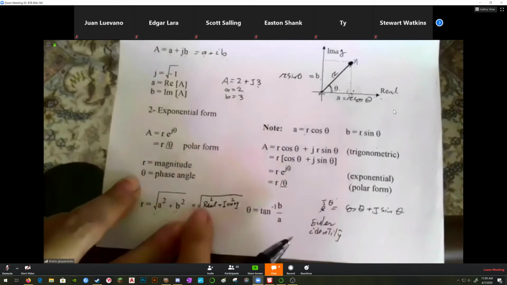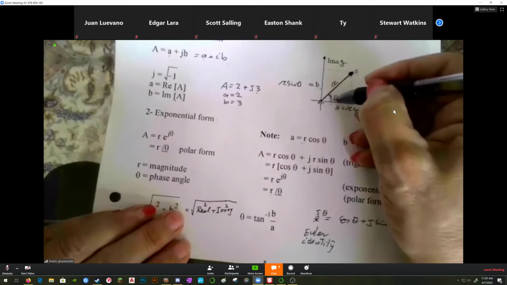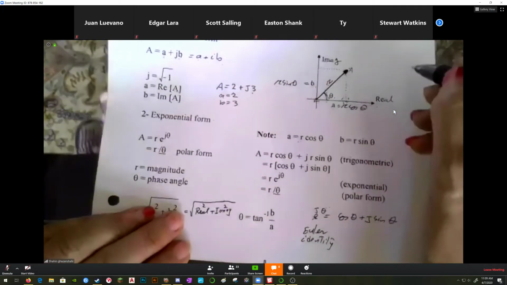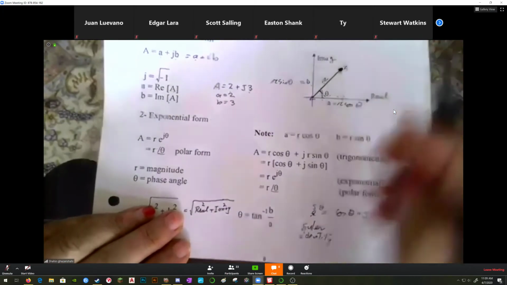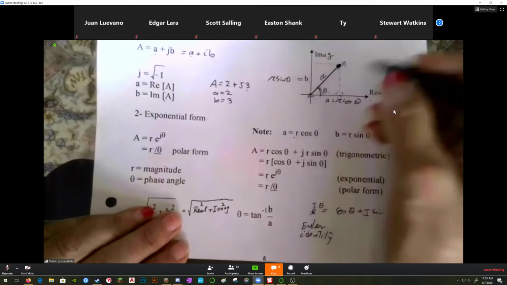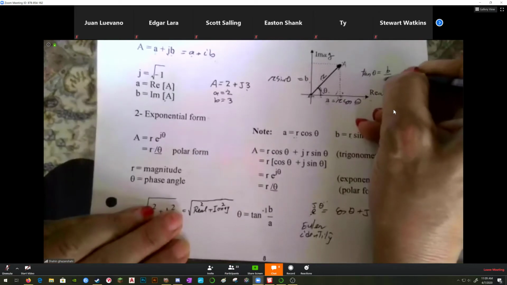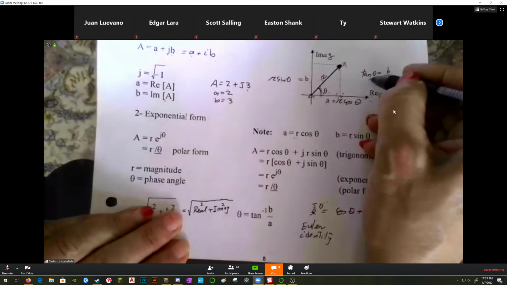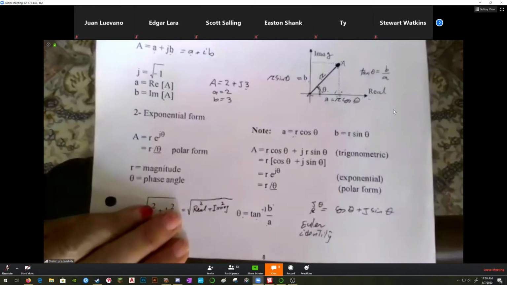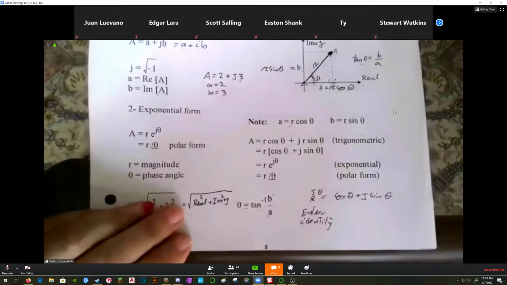To get the angle theta, the tangent of theta is B over A. So your theta is an inverse tangent of B over A, the imaginary component over the real component.